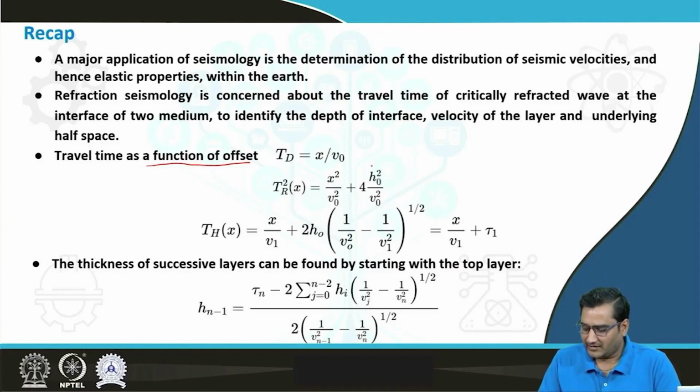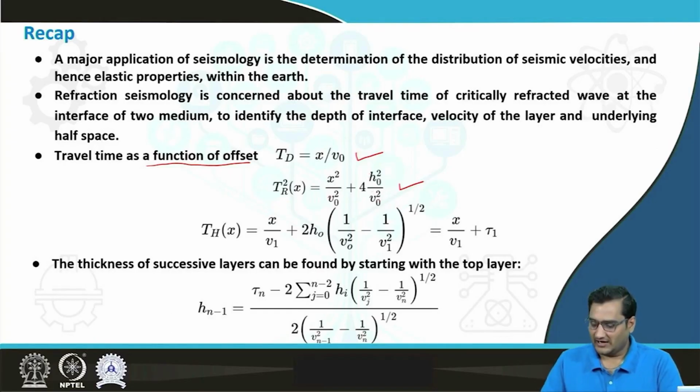As far as the direct wave is concerned, we can calculate the travel time as the offset distance divided by the top layer velocity. Likewise, the reflected wave is a hyperbolic curve in travel time with respect to the offset, and its equation is t squared equals x squared by v naught squared plus 4 h naught squared by v naught squared.